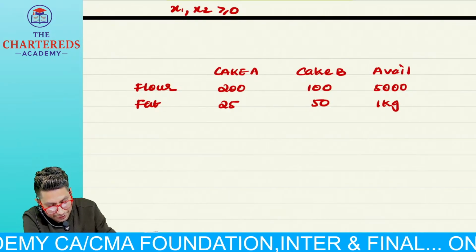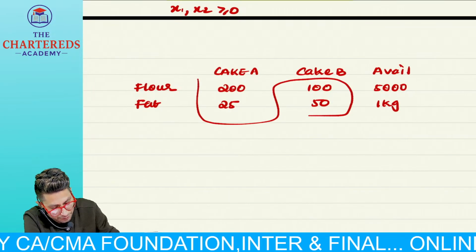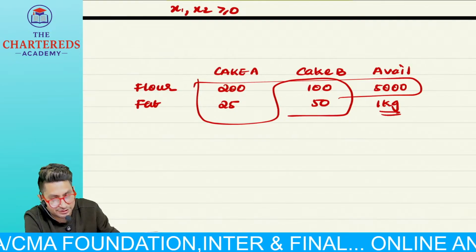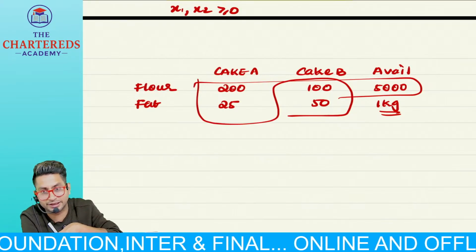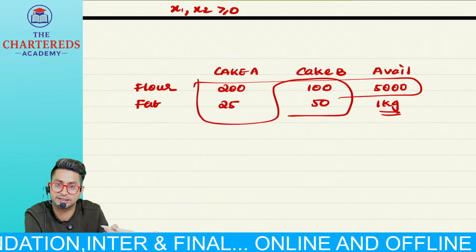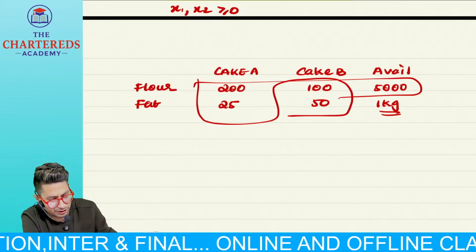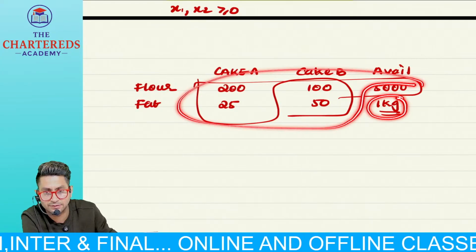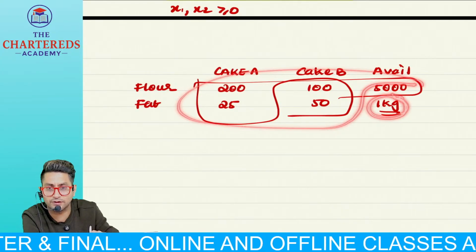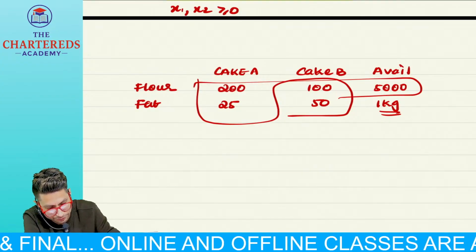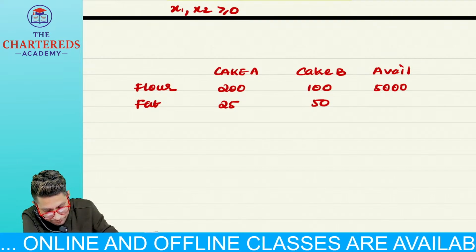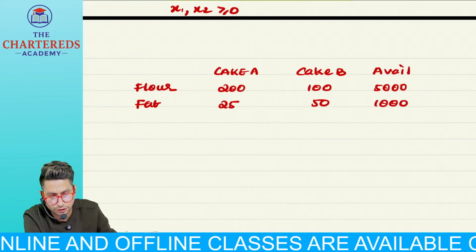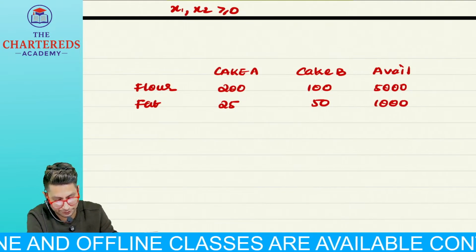But remember, everything is given in grams, but fat is given in kgs. I cannot do it like this. Either convert everything into kgs or convert everything into grams. Converting one thing is easier than everything. So 1 kg we will convert into grams. How many grams? I'll write it as 1000 grams. Otherwise, your answer will be completely different.